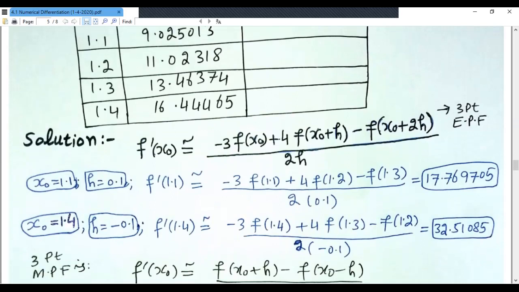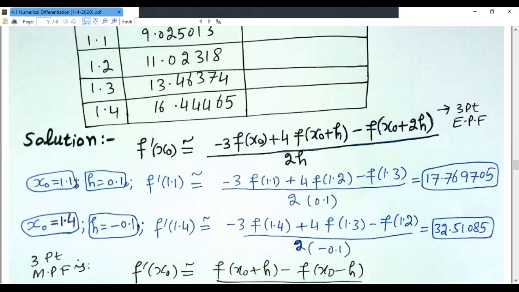To find the derivative of the function at 1.1, f dash of 1.1, let x naught be 1.1 and h be 0.1. So the 3-point endpoint formula can be used for f dash of 1.1. To put values, minus 3 f of 1.1, x naught plus h will be 1.2, because x naught is 1.1 and h is 0.1, and x naught plus 2h will be 1.3.